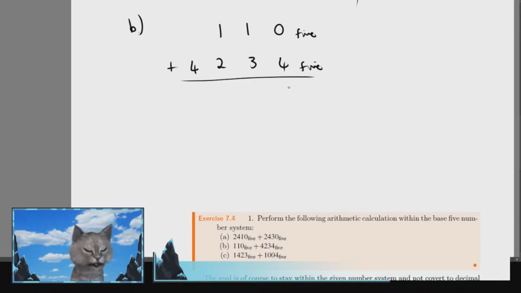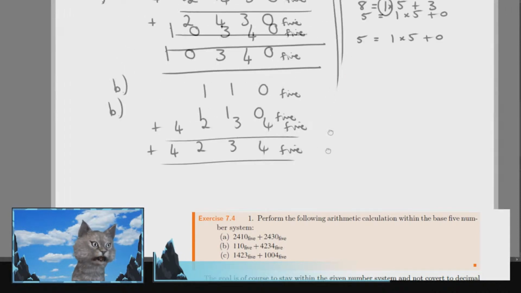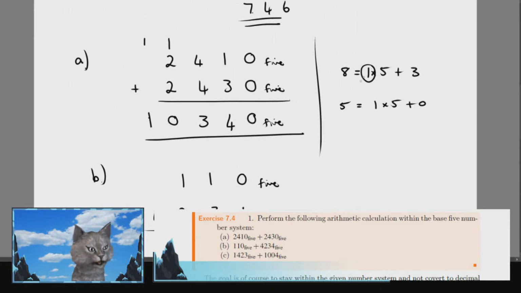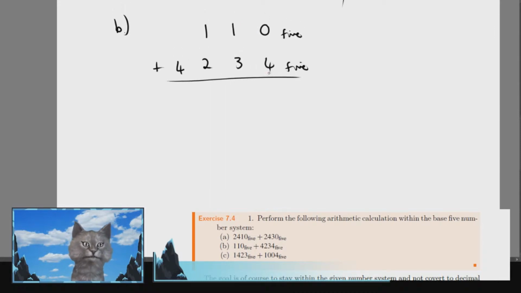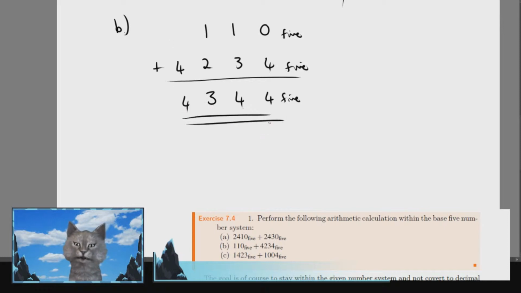Now we have to get used to not writing any decimal numbers and doing this in our head. You stay in the base 5 number. Let's try it. 0 plus 4, 4. Easy. 1 plus 3, 4. I didn't fill my group of 5. 1 plus 2, 3. And 4. Oh, so easy. There's nothing to carry over. Very little to do. Hopefully the next one will be a little more interesting.